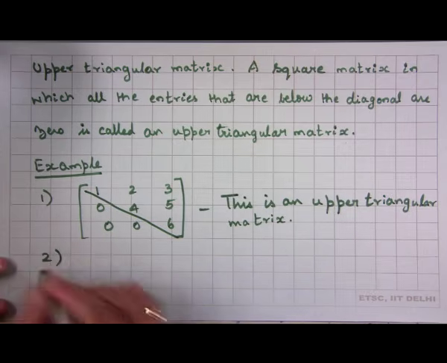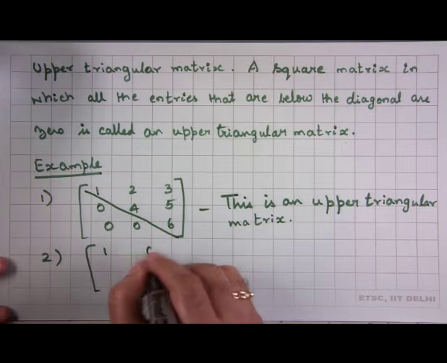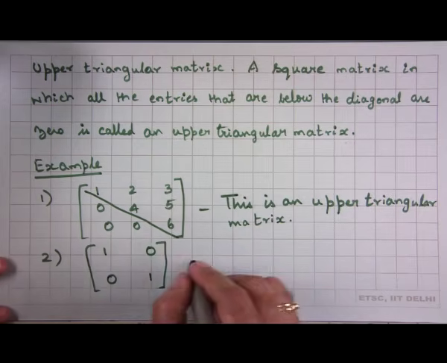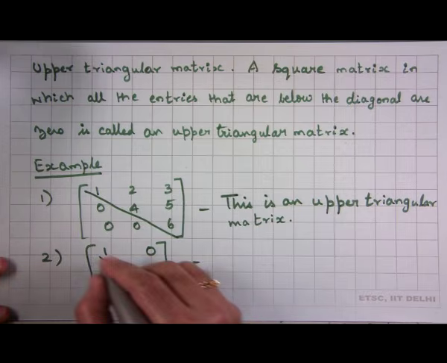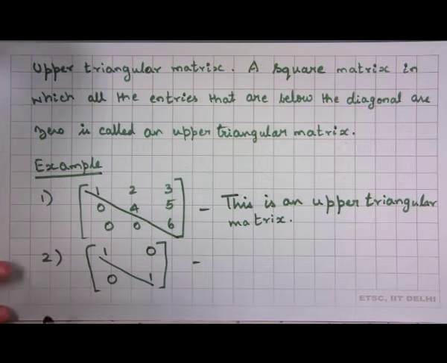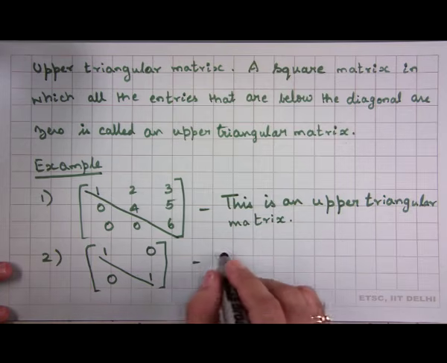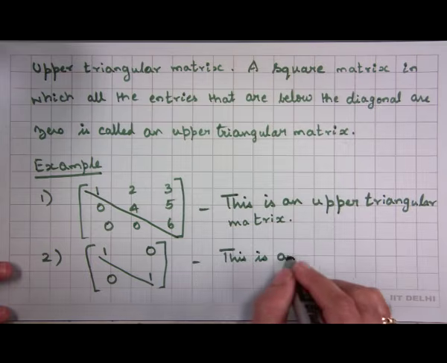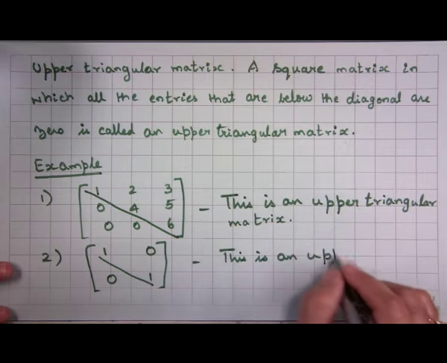Let us look at one more example. Again, these two correspond to the diagonal entries, and below this are 0, so this is the identity matrix. So this is an upper triangular matrix.